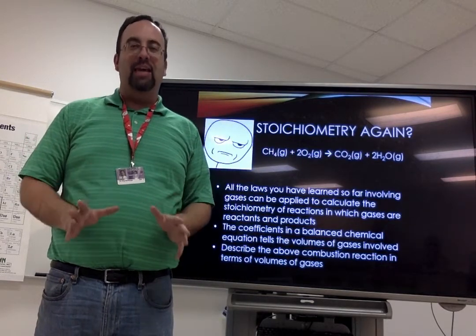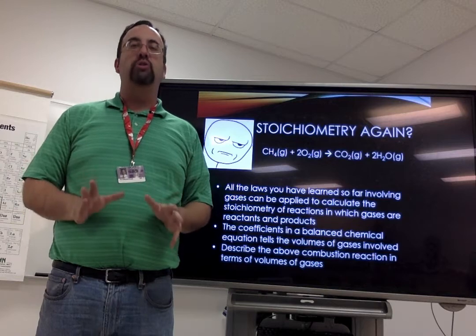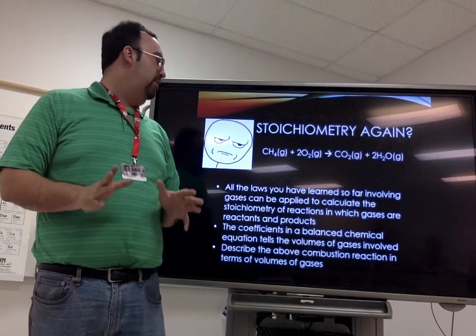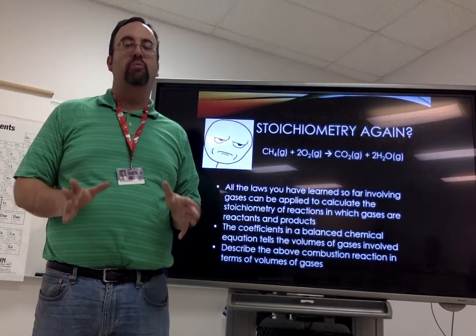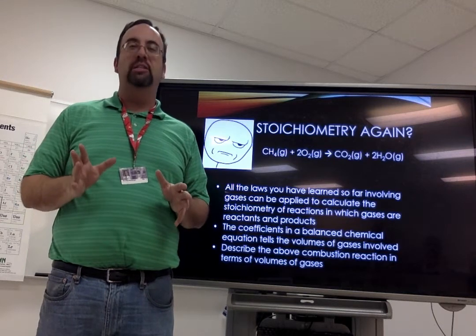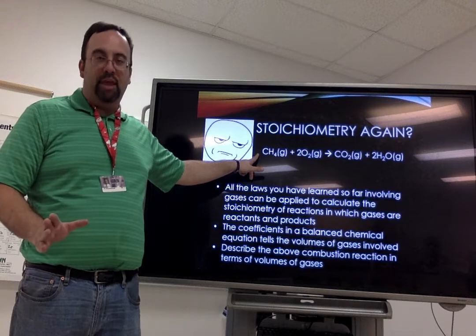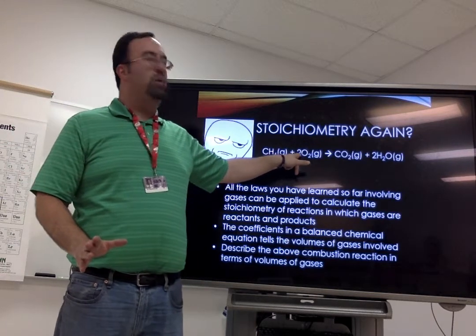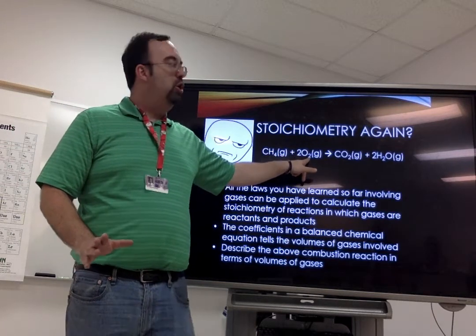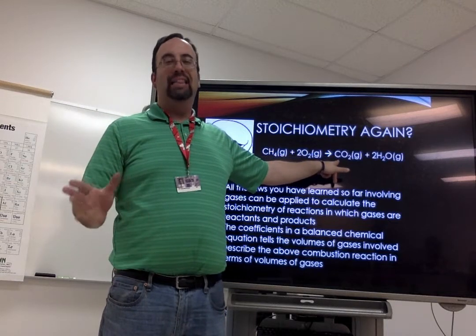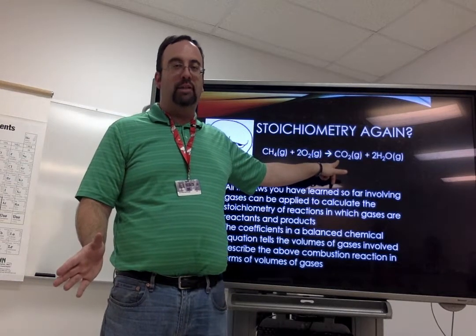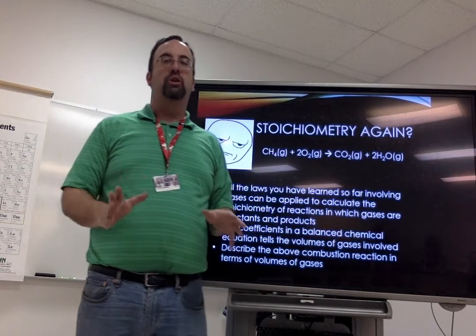However, in the case of gases, we can also use the coefficients to tell us the relative amounts of volumes of gases. And so we can say, for example, that 1 liter of methane reacts with 2 liters of oxygen to form 1 liter of CO2, carbon dioxide, and 2 liters of water.